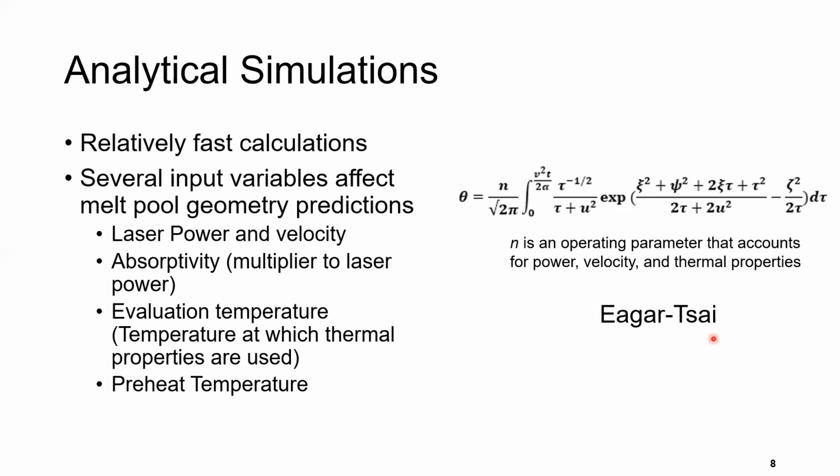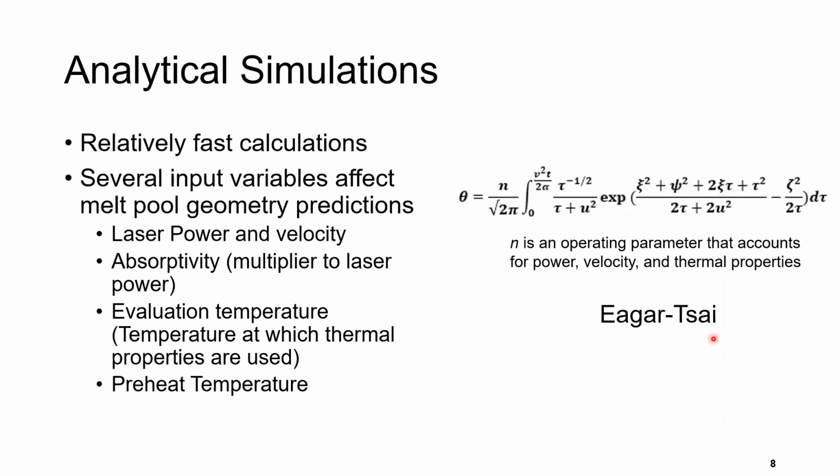The evaluation temperature is also an input variable that affects the thermal properties used in the particular simulation. Now, the reason why analytical simulations are so fast is they're not accounting for temperature-dependent properties. They're only using the properties at one temperature, but the user gets to specify that temperature.